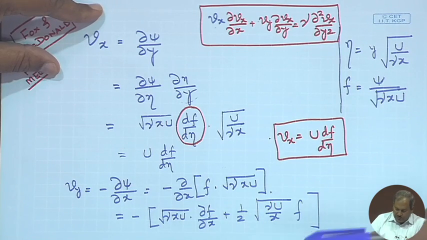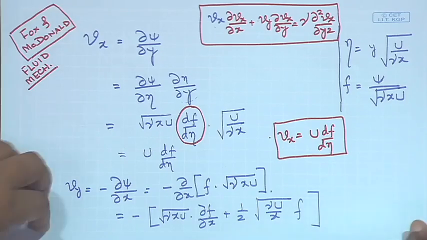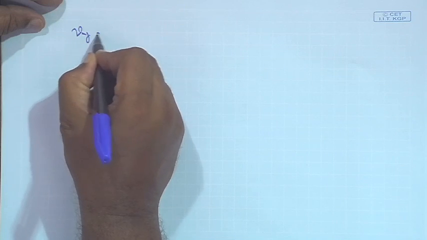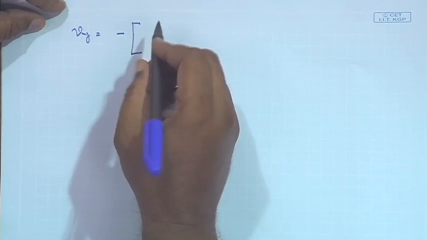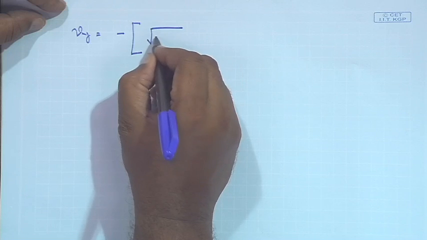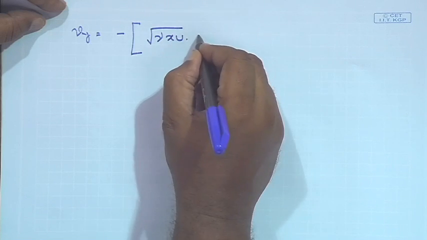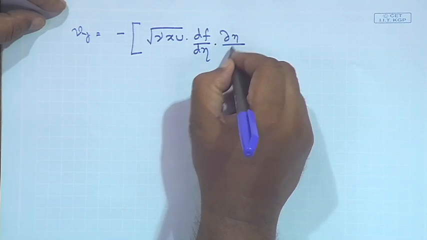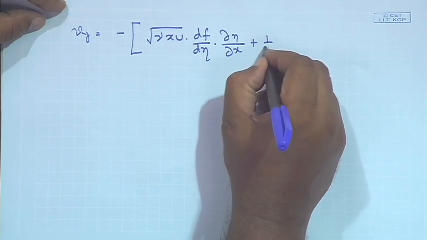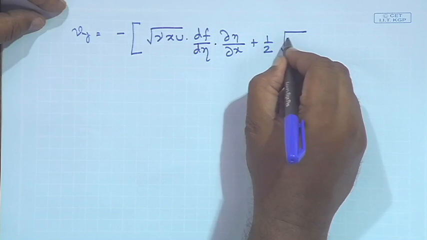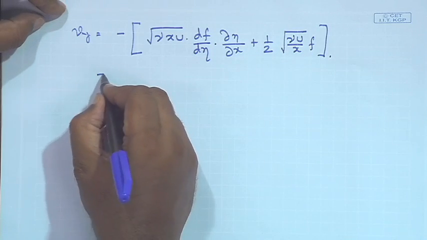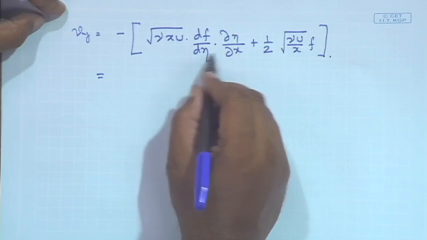This is just an expansion, and when we continue with the derivation, it's simply a substitution of the independent variables.